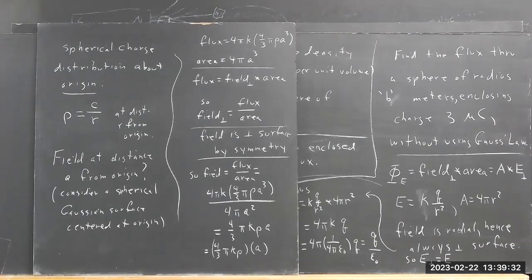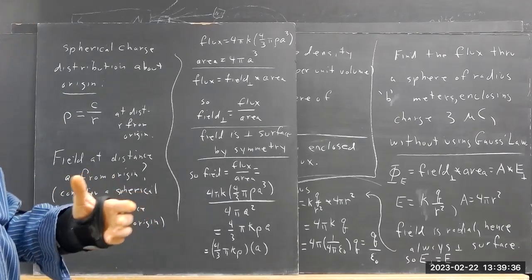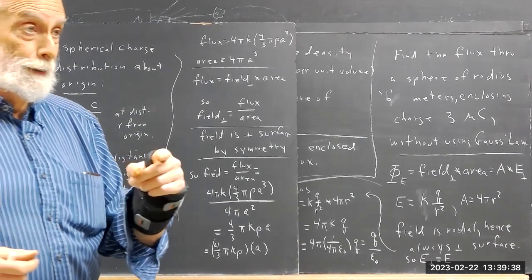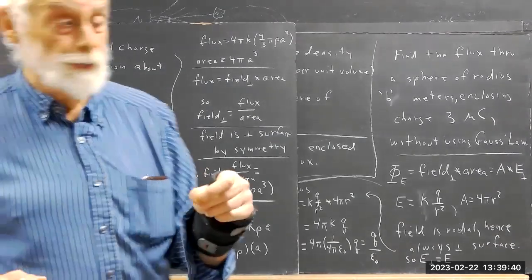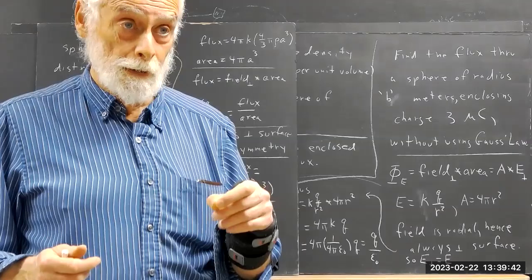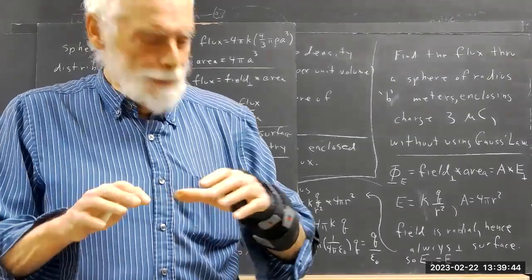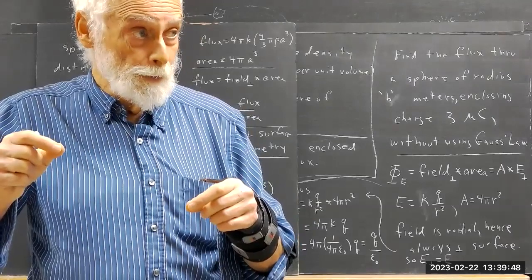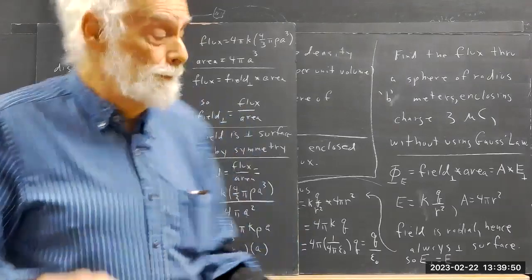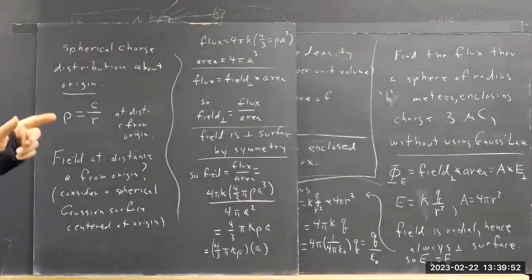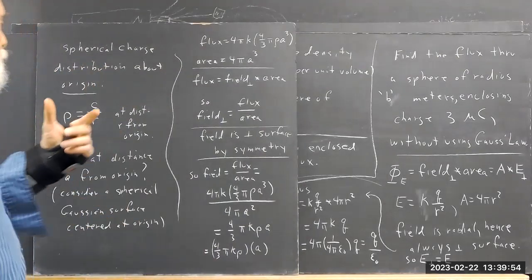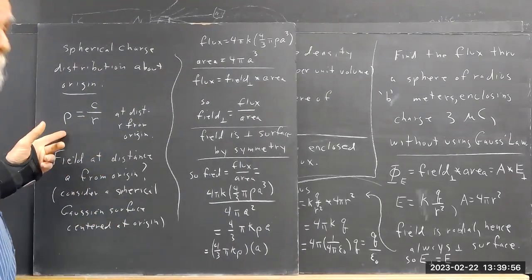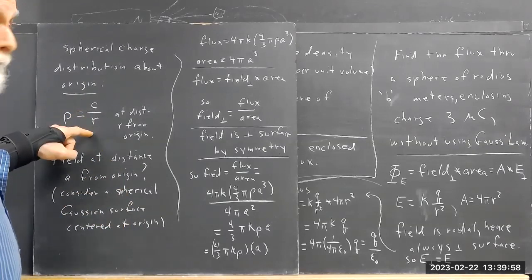Okay, let's say we have a spherical charge distribution about the origin. By that, I mean you've got an origin here. We don't need x, y, and z coordinates because everything's spherically symmetric. So at any distance r from the origin, the density is some constant divided by r.